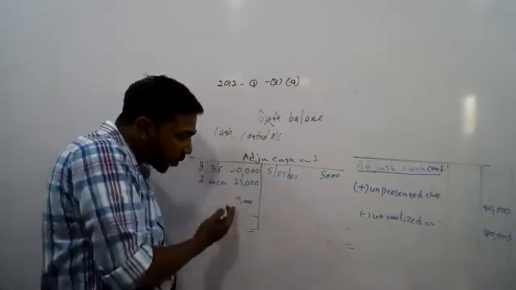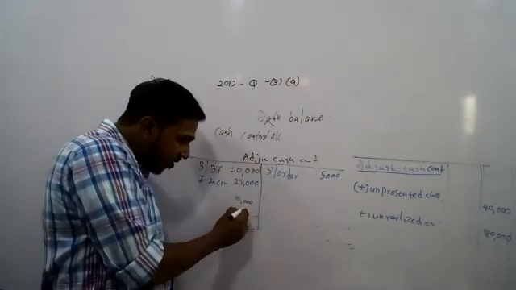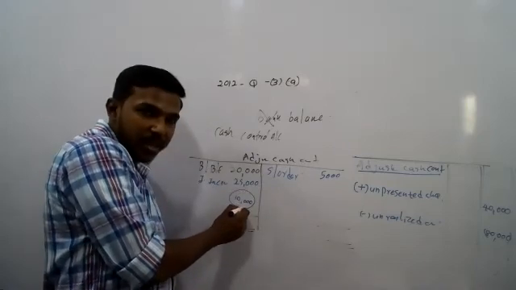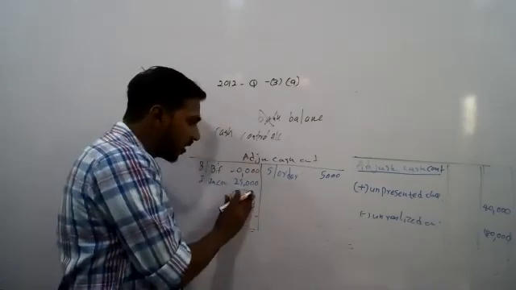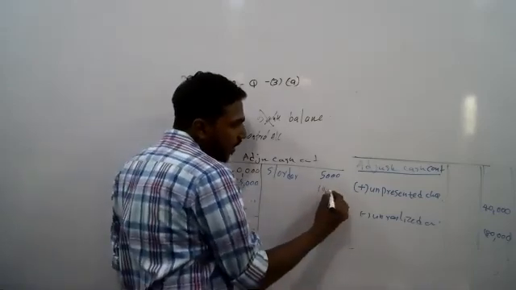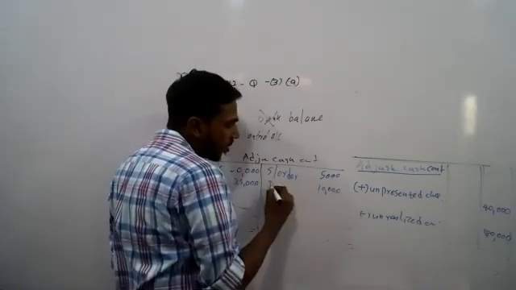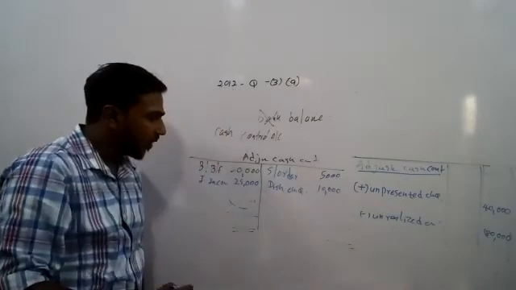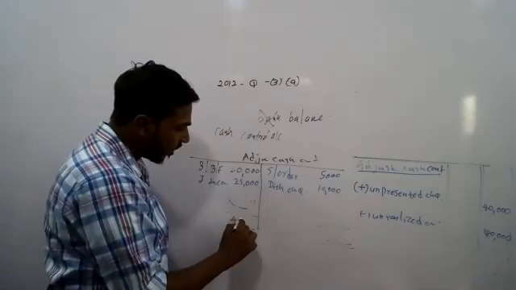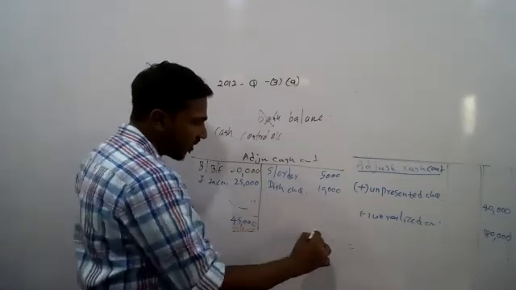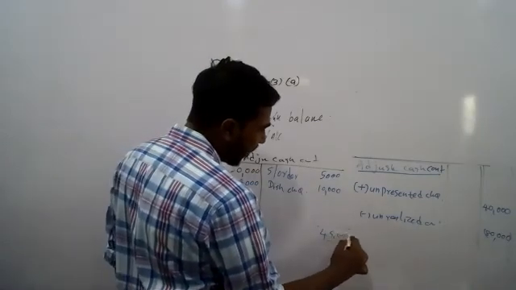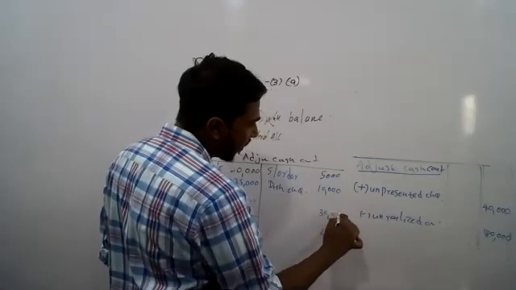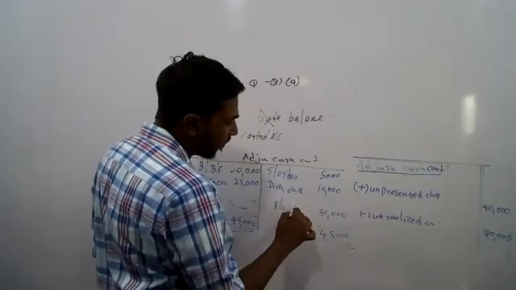If a check received or deposited is a debit, but it's dishonored, then to eliminate this, it should be credited: dishonored checks 10,000. Clear? Then here is how much? 45,000. Then here the answer is 30,000, which is VP.